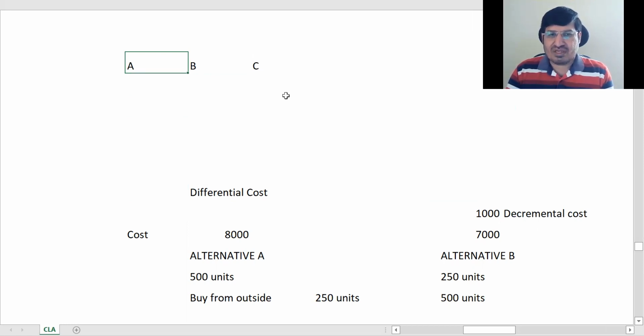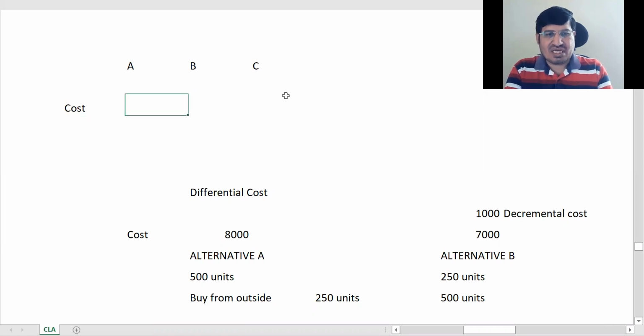So for example, if option A is changed to another option, here your cost is increasing by 2000. Here it is decreasing by 4000, so I put it in minus.